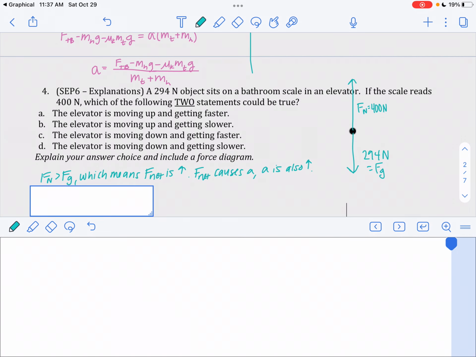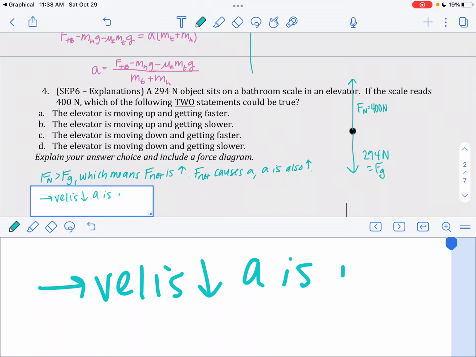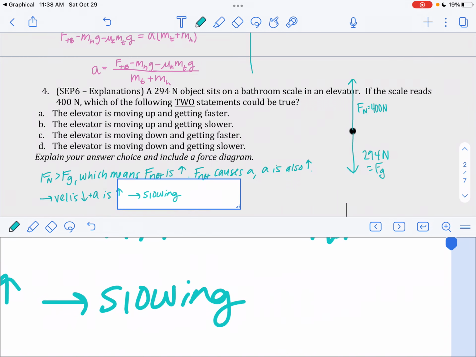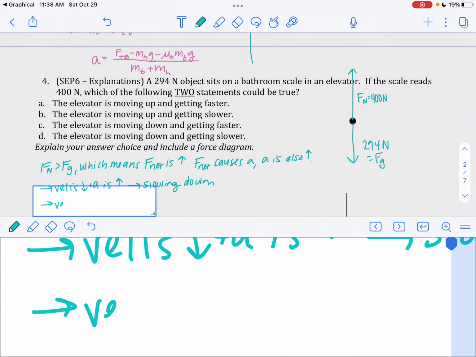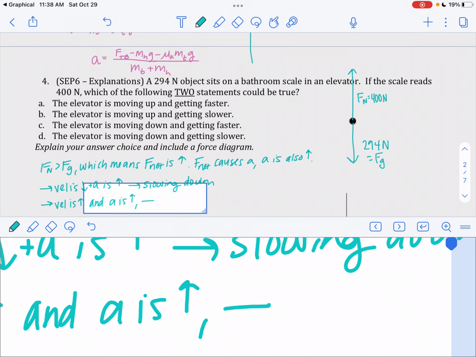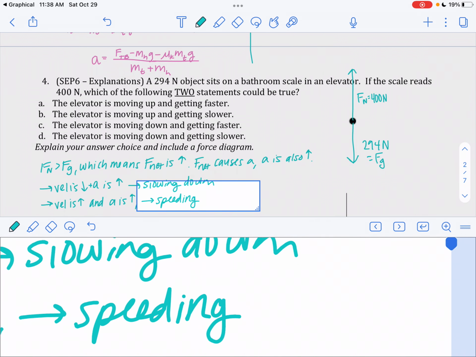And if velocity is down and acceleration is up, then we would be slowing down because they're opposites. But if velocity is up and acceleration is up, that would mean speeding up. And so those become my two answer choices.